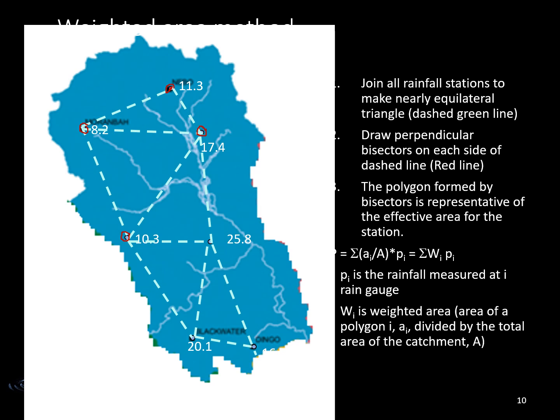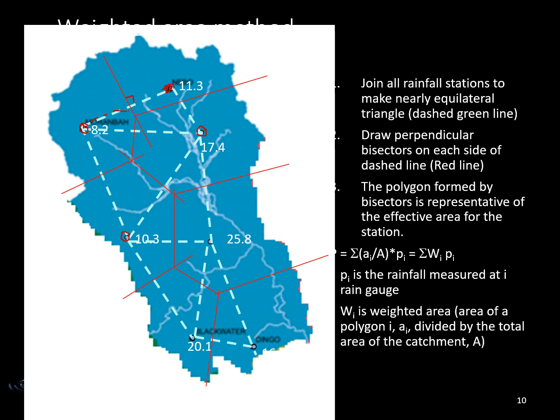The next step is to draw the perpendicular. Between these two stations, this is the connecting line, and on that you draw a perpendicular line. You do the same for all these lines.